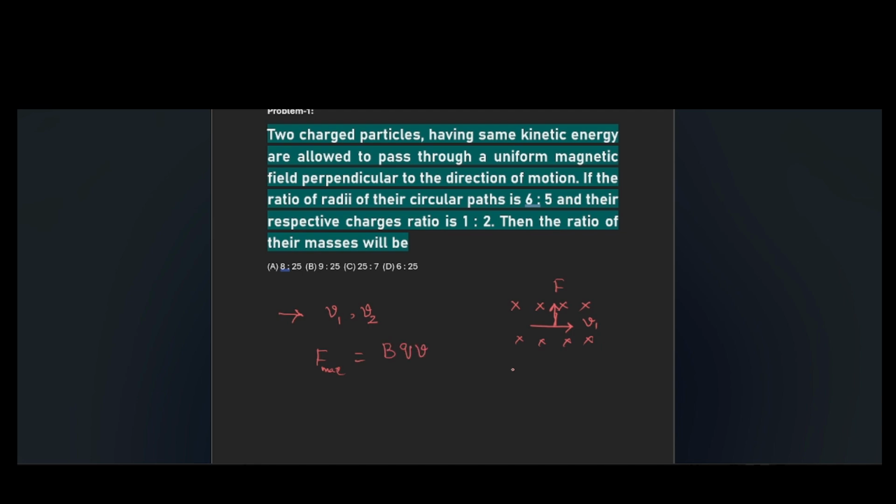If charge Q1 is projected, it is B Q1 V1, and this maximum force tries to rotate the particle in a circular path. When the particle is moving in a circular track, the centrifugal force m v square by r acts on it. The radius of the path is r1.